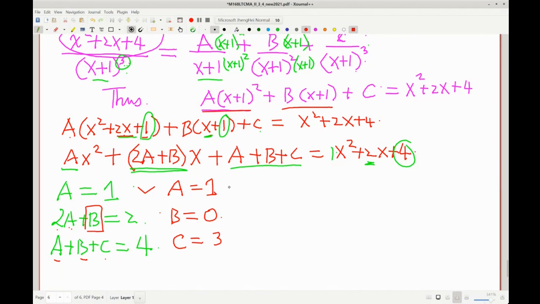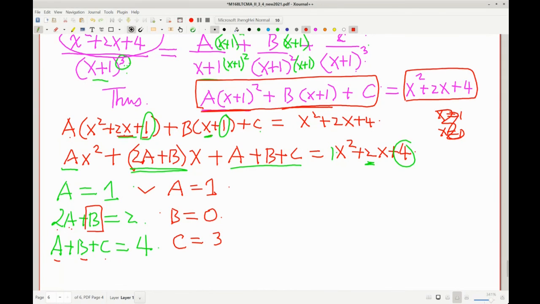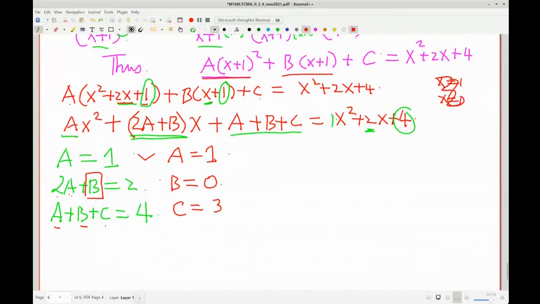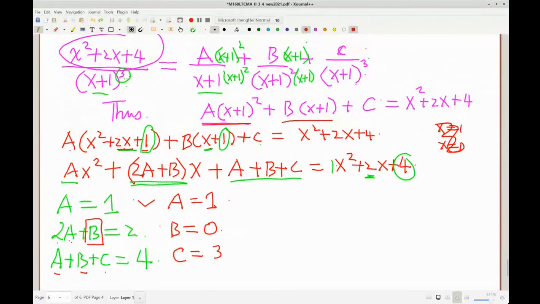So that's another technique. One technique that we used before is simply to say, hey, take x equal to nice convenient points. This technique is to multiply out the left-hand side, then equate it to the right-hand side, and gather the coefficients and compare them. Great. So the moment I do that, I go back and write: here is how we wrap this up.